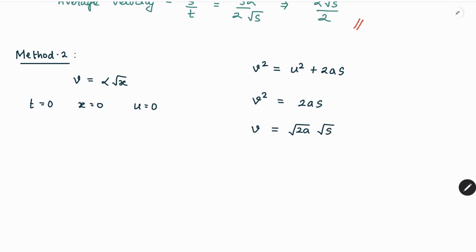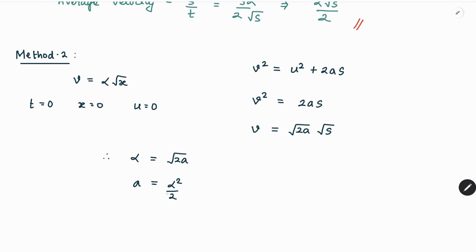So if we equate this equation with this part, then alpha is equal to root over 2a, or a can be written as alpha square by 2. So if there is a resemblance in the two aspects, we can equate them and solve it this way, start thinking this way.